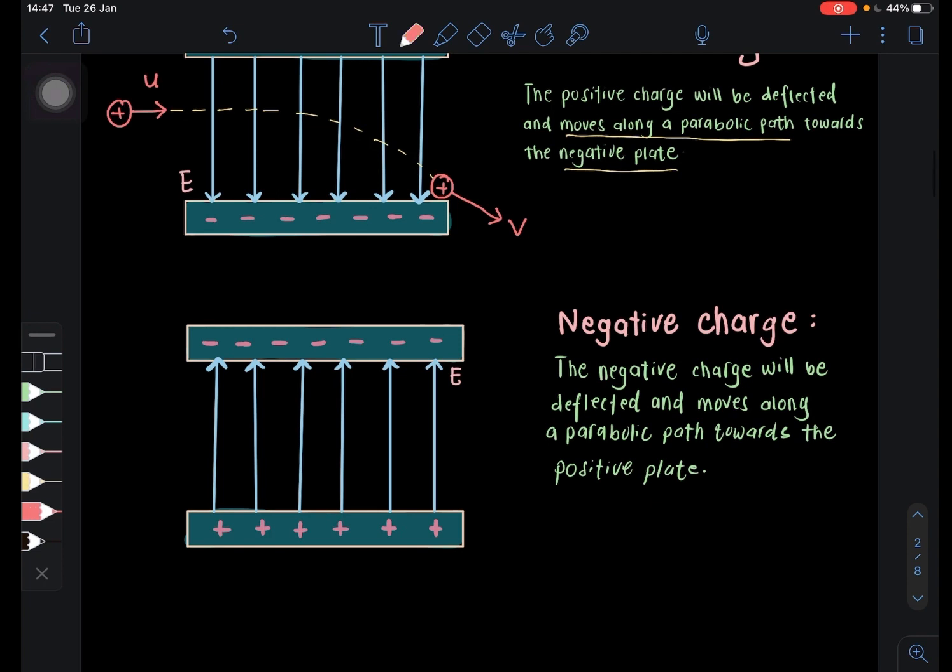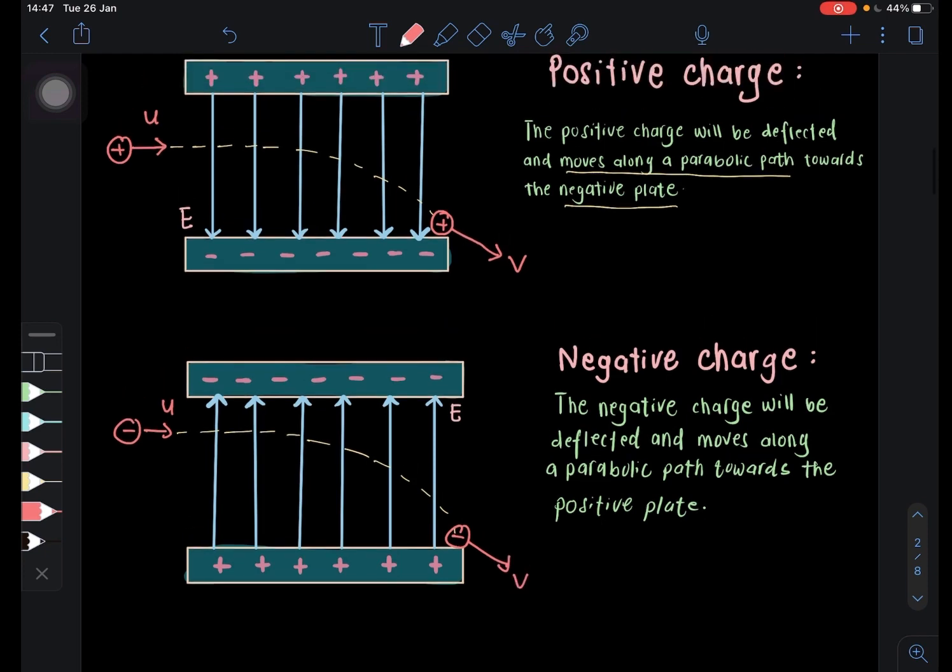So this is what happened for the positive charge. Let's say we have a negative charge with initial velocity of u. As this charge enters the field, it will also be deflected towards the positive plate dekat sini, with a final velocity of v.